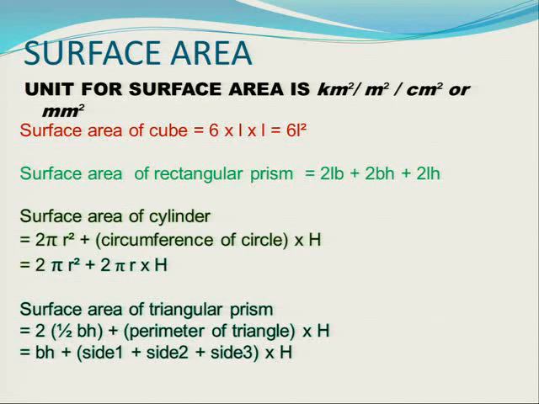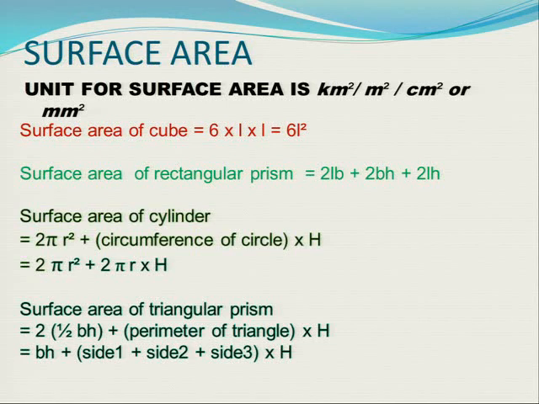The unit for surface area, I'm going to stress the word area, is kilometer square, meter square, centimeter square or millimeter square. The surface area of a cube is 6 times L times L, 6L square. The surface area of a rectangular prism is 2LB plus 2BH plus 2LH.